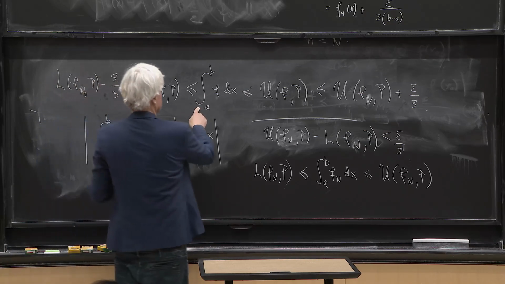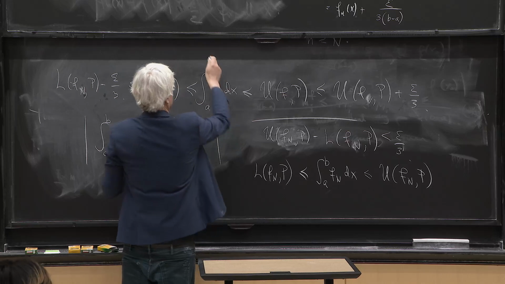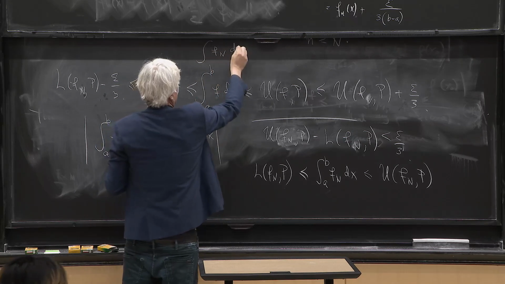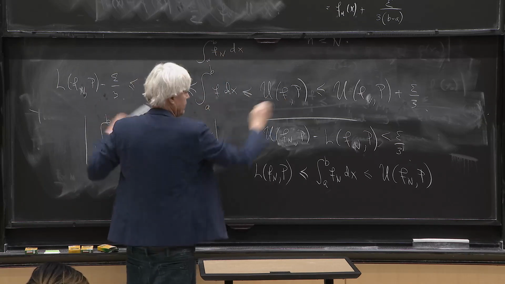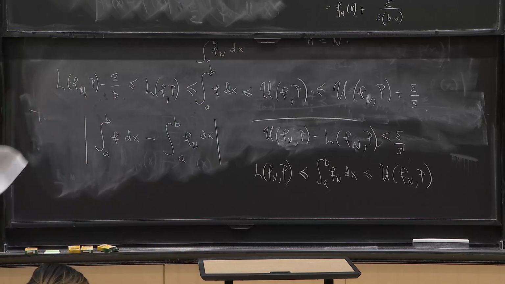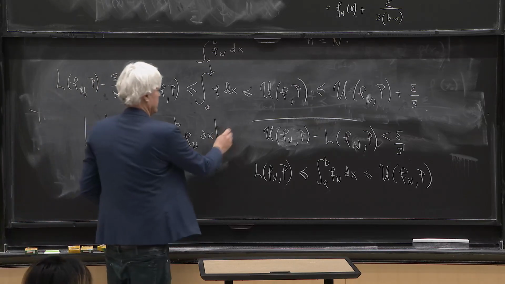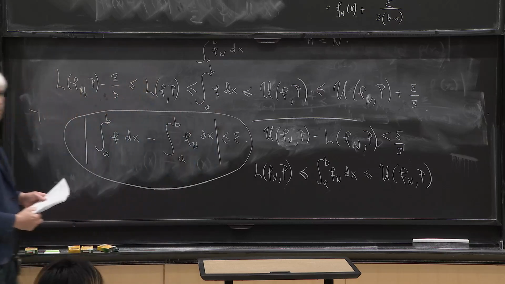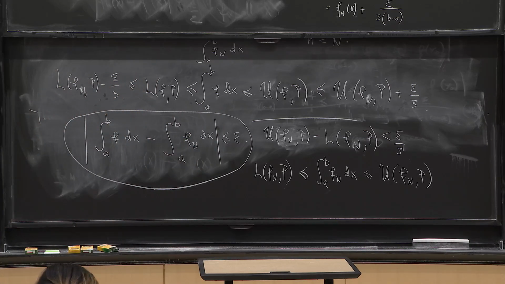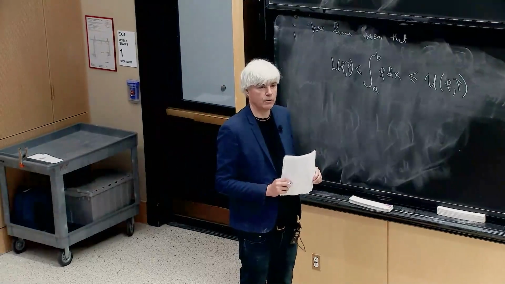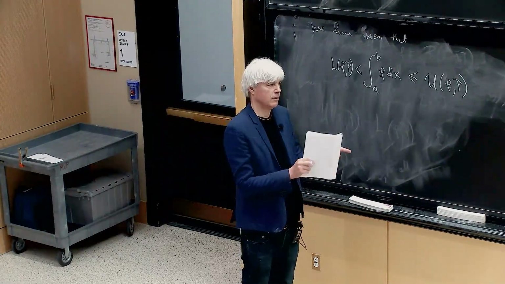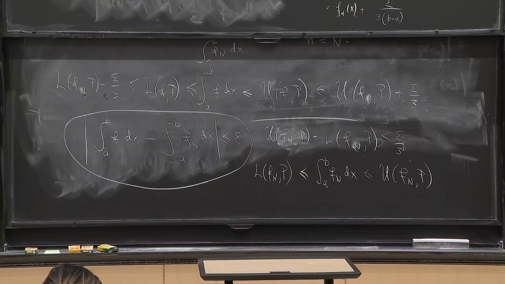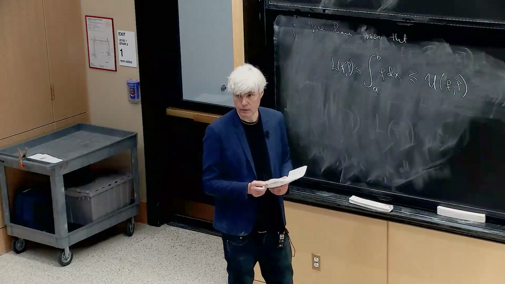So this integral lies between these two. The same is the case for this. And this interval again has length epsilon. So this means that the difference between these two numbers is also less than epsilon. Right, and so this really proved that if it was sufficiently far out, then the difference between these two integrals was bounded by epsilon. So this proved that the integrals are converging. Okay.